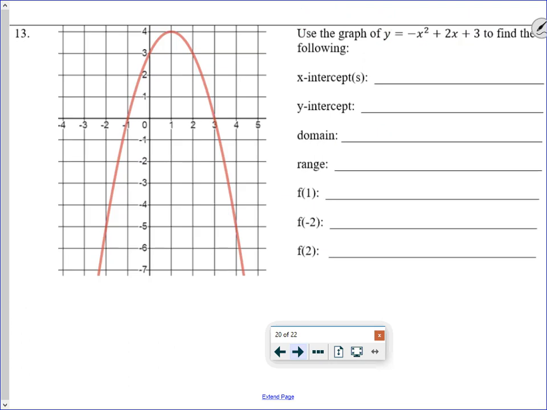All right, for this one, the x-intercepts are -1 and 3. Right here and right here. The y-intercept is 3. The domain is all real numbers.